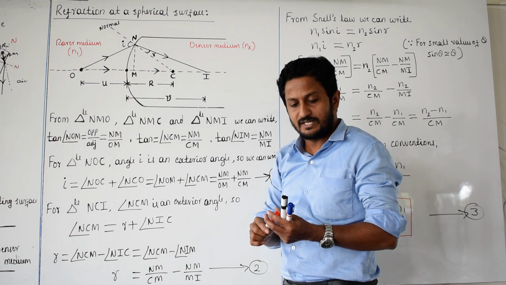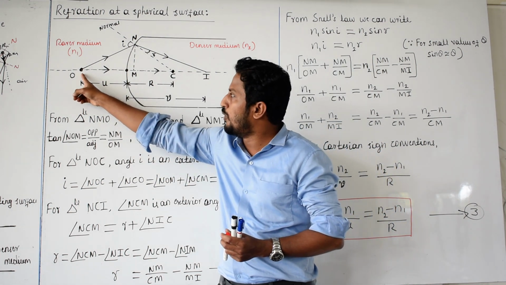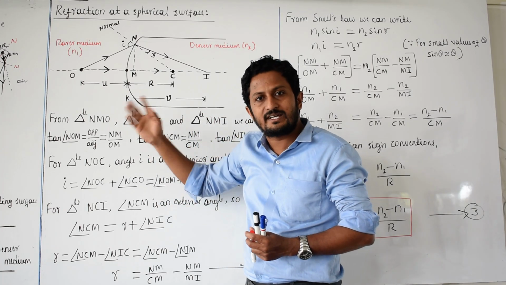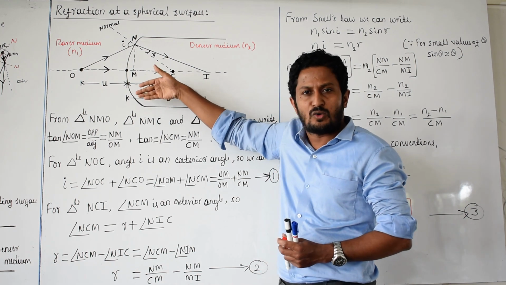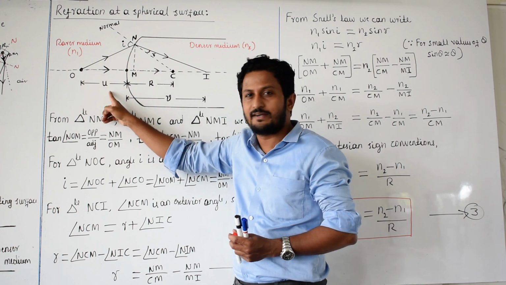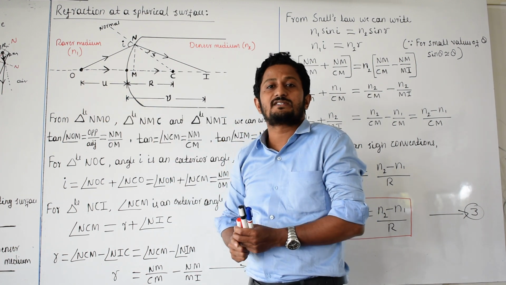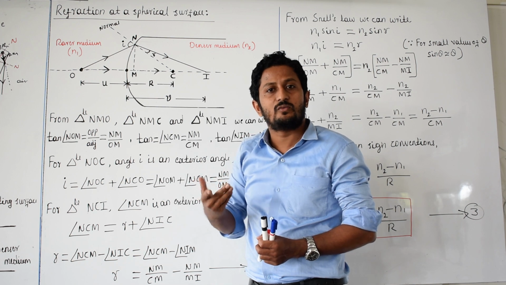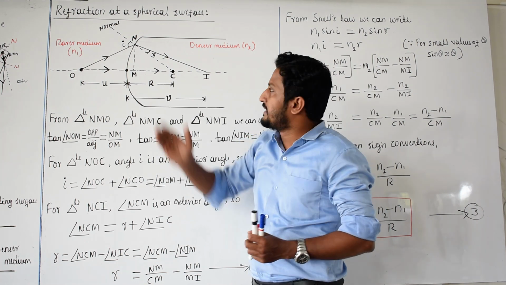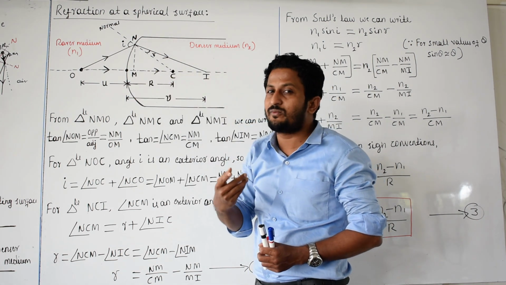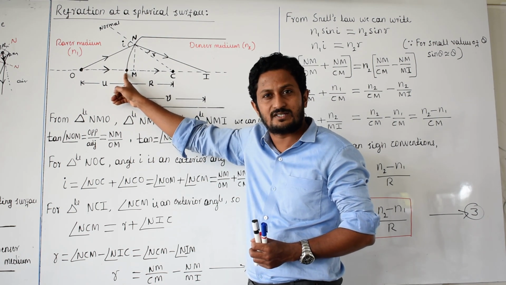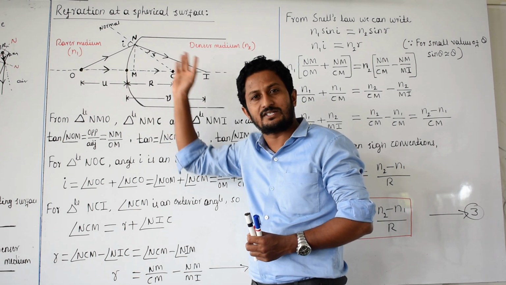Now you see here in this diagram. This O is an object which we place in front of this convex surface on the principal axis at a distance u. Already we discussed that all distances we have to measure from the pole or optical center point. Here it is a curved surface, so with the pole only, this is the pole, we have to measure all distances, object distance, image distance.